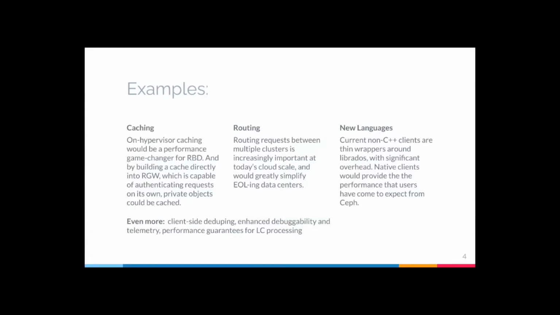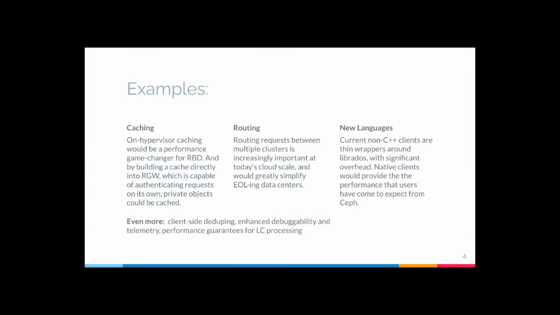The Ceph client is already quite smart, and that's why it's such an opportunity to make it even smarter. A lot of the core infrastructure in terms of reliability and authentication is already there, and some of these more advanced features would be relatively easy to implement because that strong foundation is already there.